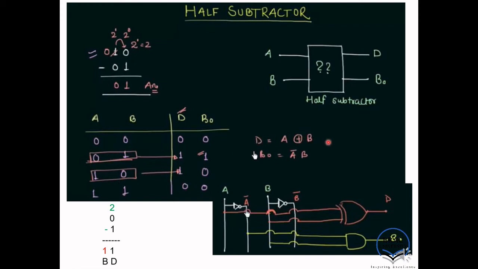This is XOR, so A XOR B. And for B naught, when A prime, if you invert that one and do the multiplication, it becomes A prime dot B. And this is the schematic diagram, right? So A XOR B, A prime B. I think you all can solve it or draw it by yourself.